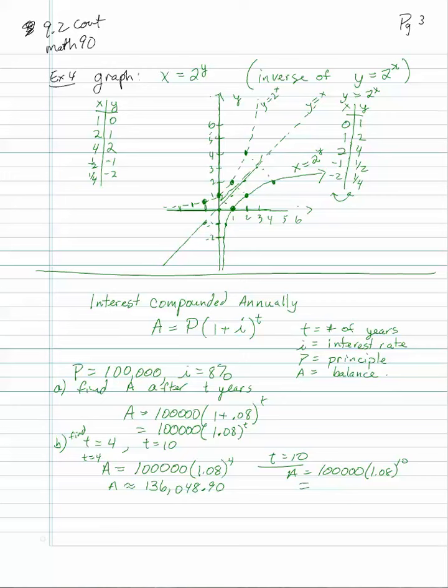So again, 1.08 to the 10 is 2.1589 times 100,000 would be 215,892.50. Wow. So you made about $115,000. Again, it's an about because I rounded it.